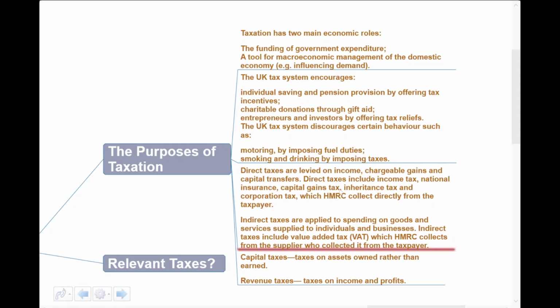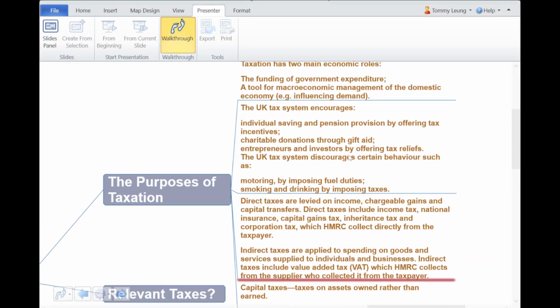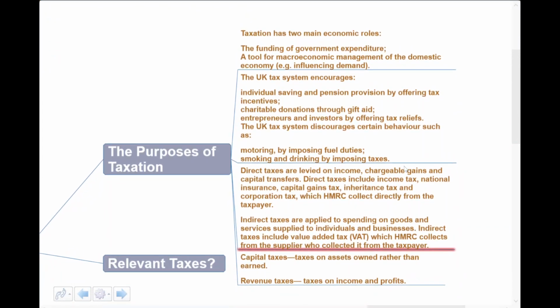So we're talking about the main tax heads within our syllabus, along with national insurance. These direct taxes are collected by HMRC to fund the areas that we saw above.